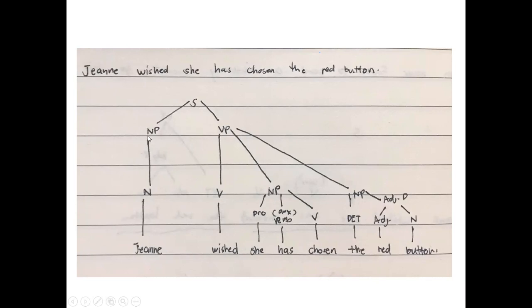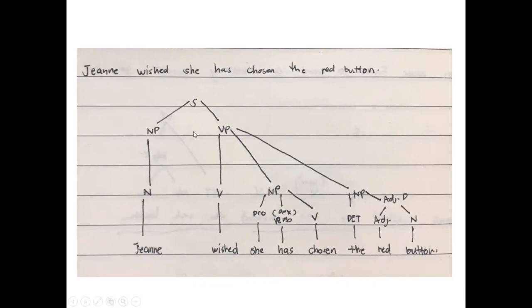It is divided into two, the noun phrase and the verb phrase, since John has its verb directly, wished. So we have just one NP, and below the NP is the noun, because John is a noun. John is not an NP directly, but it is a noun, and a noun only can be considered as an NP directly.